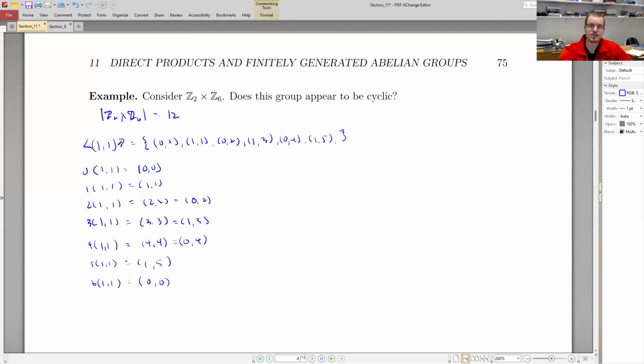And if this doesn't generate it, is there something else that does? Well, no, there's not. For us to be certain of that, it can be a little bit tough and a little bit annoying. It should make sense to us, though, as well. Okay, because I'm going to get things of order 2, and I'm going to get things of order 2, 3, or 6 here.